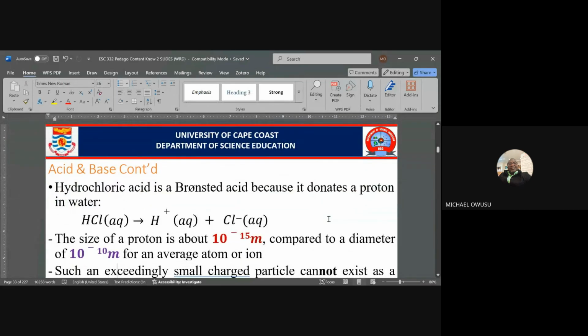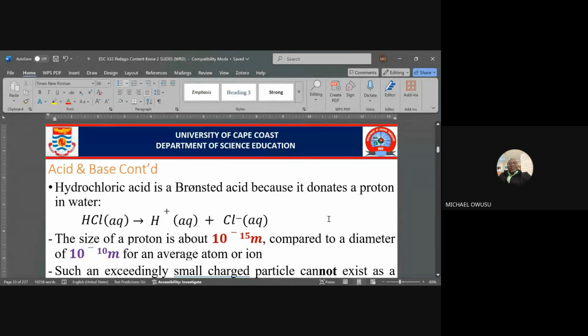On the other hand, if you look at this, it's saying something about Arrhenius, because Arrhenius said that acids produce protons in aqueous solution. Proton, that's hydrogen ion in aqueous solution.